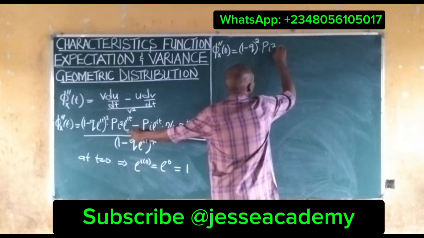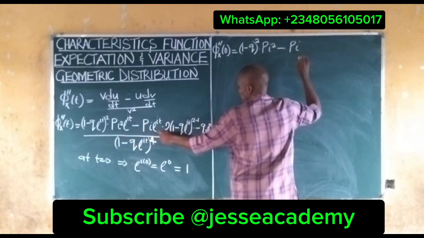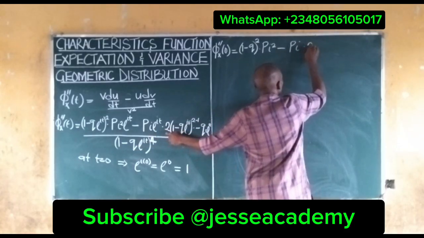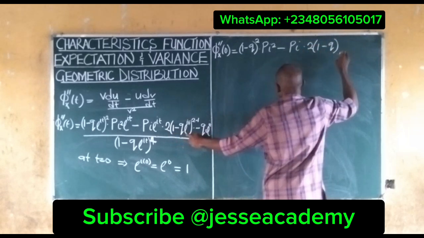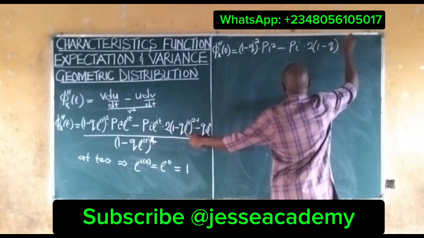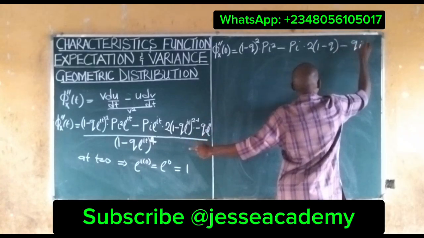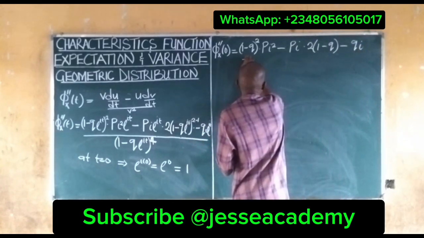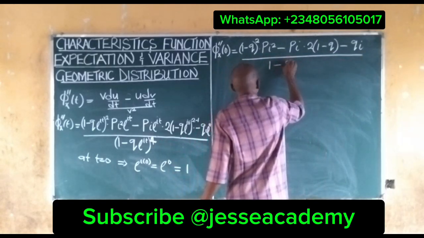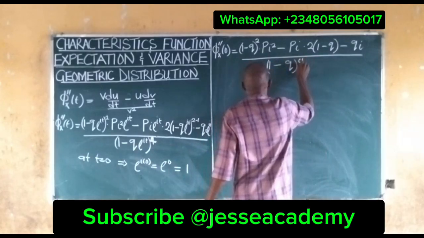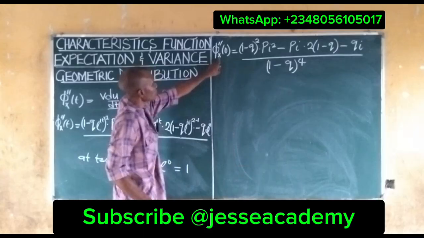This becomes 1 minus p I. This becomes 1 multiplied by 2 into 1 minus q. This becomes 1. 2 raised to the 2 minus 1 is 1. So that goes minus q I. This becomes 1 all over 1 minus q raised to the power of 4. So this is what we get at t equal to 0.